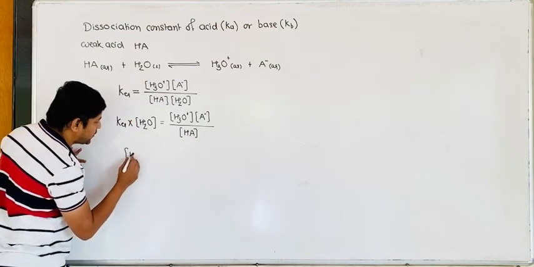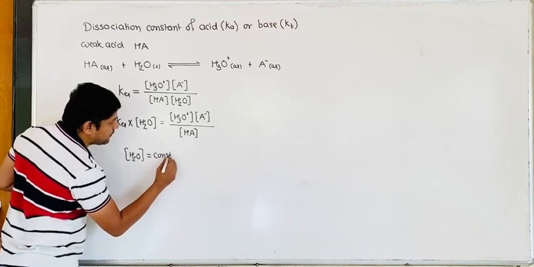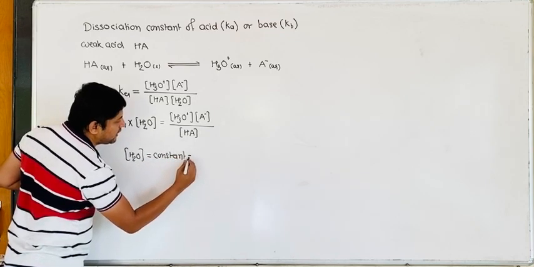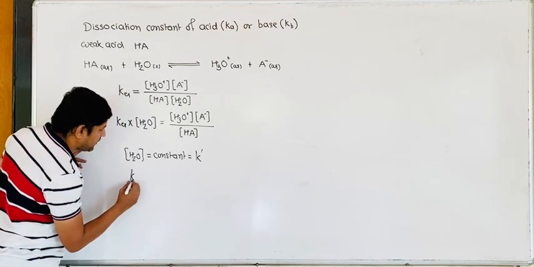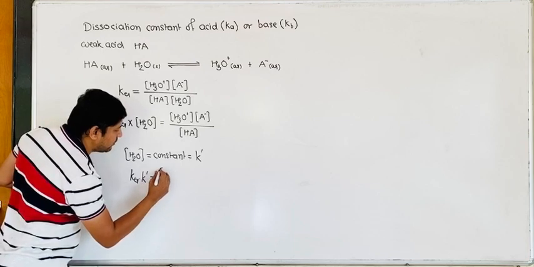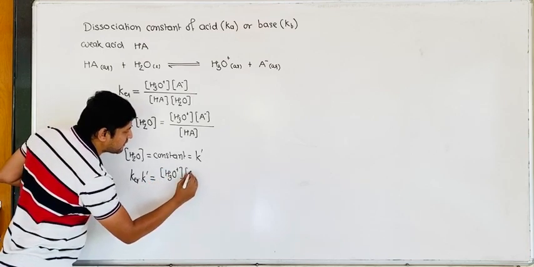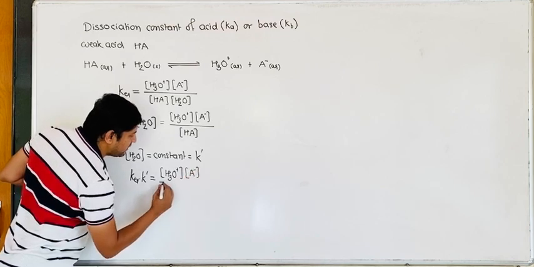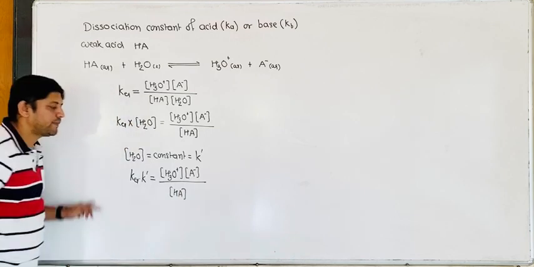Now concentration of H2O is almost constant, consider it K dash. K equilibrium into K dash is equal to concentration of H3O+ into A minus divided by concentration of HA.